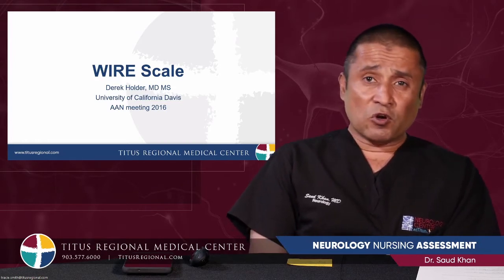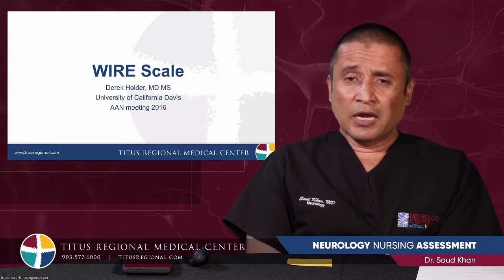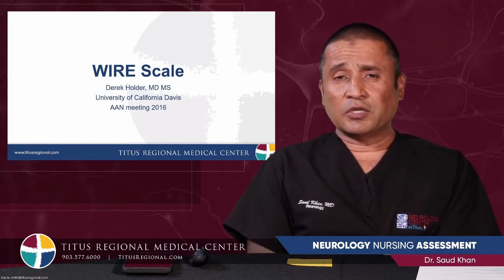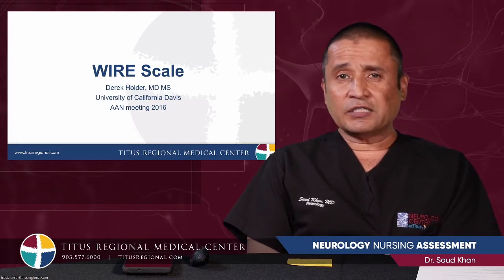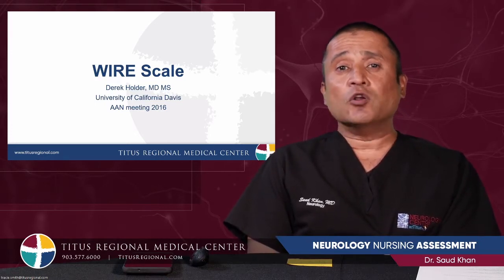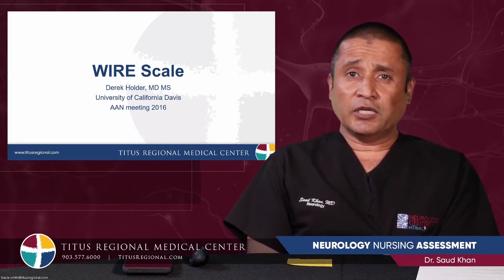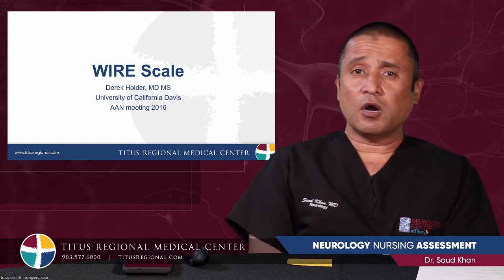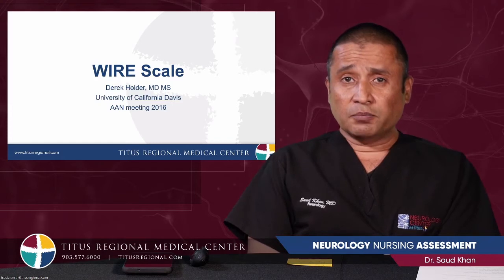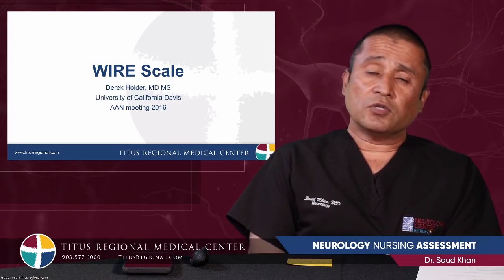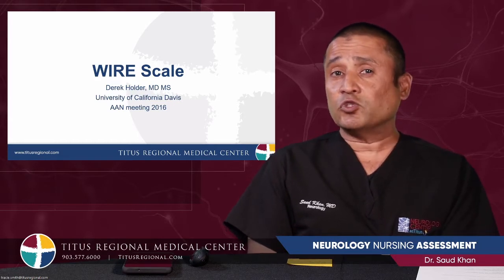There is one concept in stroke evaluation we should understand: last seen normal. Last seen normal means when was the last time grandma was seen normal. For example, grandma goes to sleep at 10 p.m. She was walking, talking at her baseline, and at 4 o'clock she wakes up, again walking, talking, goes to the restroom, goes back, and at 6 o'clock she is not able to talk.